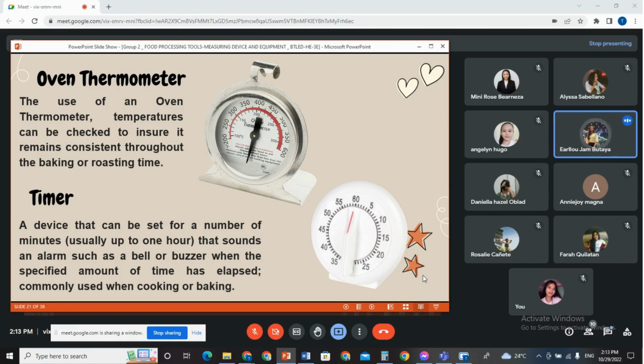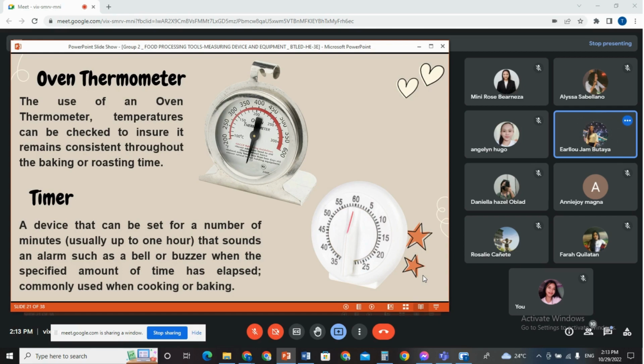So, a timer or a cooking timer is a tool that helps the cooks to time the food they are preparing. It can be either digital or analog. So, most digital timers have a display that shows minutes and seconds. But also, many timers have an alarm that sounds when the time is up. Analog timers usually have a dial that you turn to the desired time.